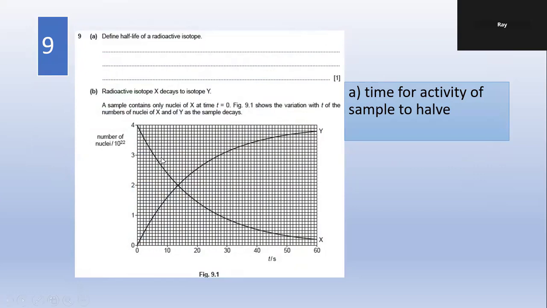Radioactive isotope X decays to isotope Y. A sample contains only nuclei X at time t equals 0. That's your X, time equals 0. Figure 9.1 shows the variation with time t of the number of X and Y as the sample decays.